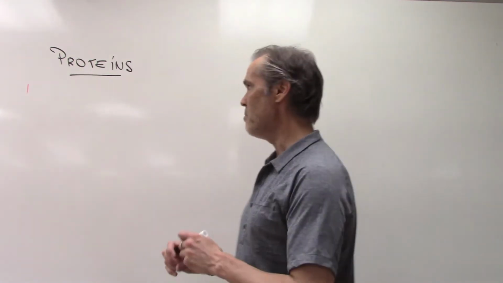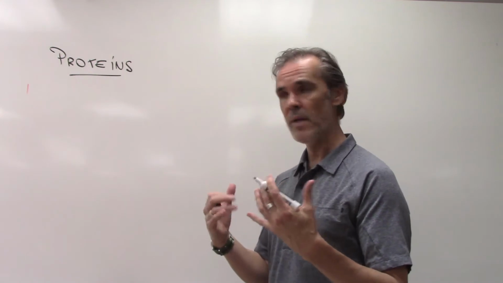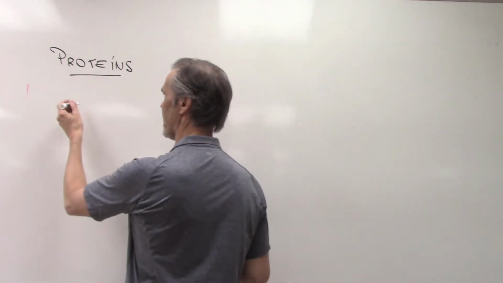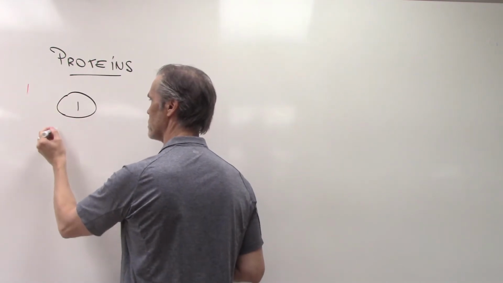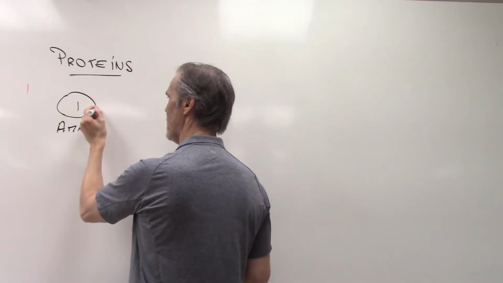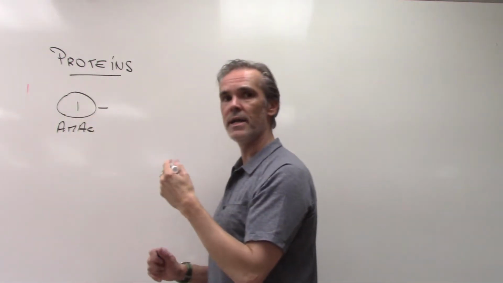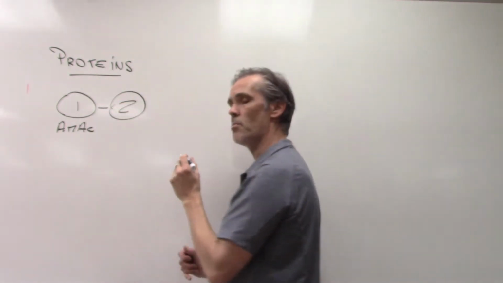So if I may represent this peptide bond like this, let's say that I have amino acid number 1, so I have 1 here, and then we have a peptide bond that is created with another amino acid, and we'll call this amino acid number 2.